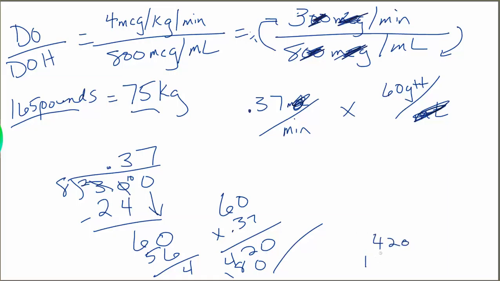So remember that 1 is further out because of the multiplication. So we're going to come out with 0, 2, 8, 9, 10, 11, 12, and we're going to have 2, 2, 2, 0. We've got to move it over 2 spots. So again, we have 22 drops per minute.